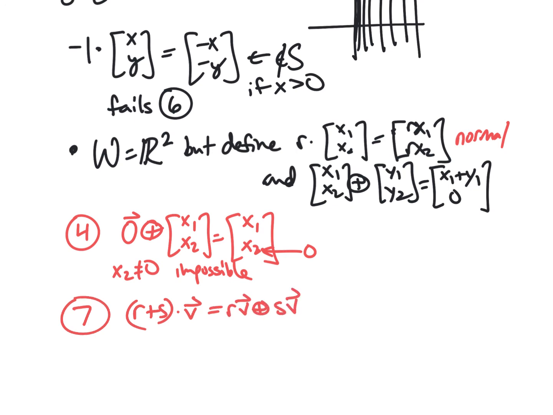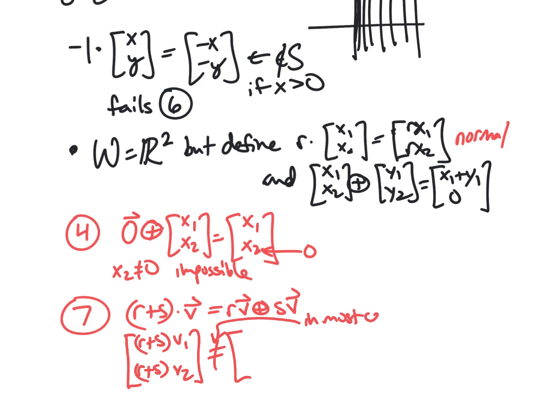If you look at the one on the left, you would get (r plus s) times v1, your first entry, and (r plus s) times v2, your second entry, and on the right, in most cases, this will not be equal, because when we do our addition, our second coordinate is going to be 0, and our first coordinate will match, but so long as r is not equal to negative s and v2 is not 0, then this is not going to match. So basically, these two axioms, it definitely fails, and thus is not a vector space.